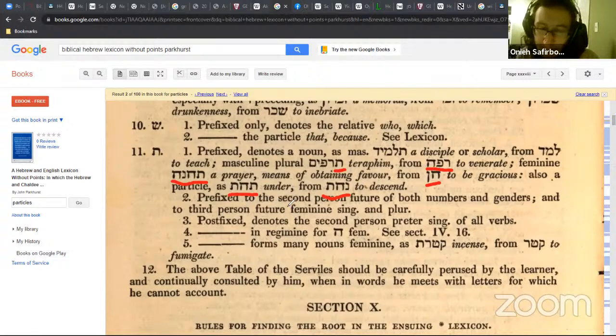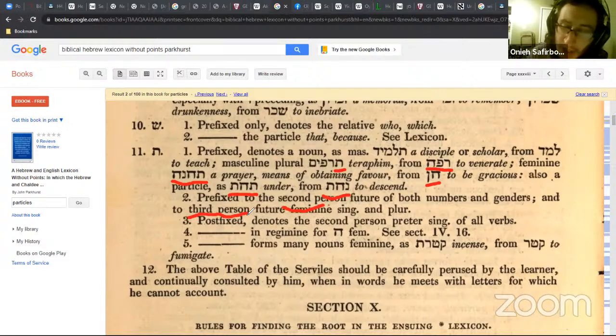Now added at the beginning of imperfect, it signifies for both numbers and genders that it's in the second person. So you singular and you plural for both masculine and feminine. That is for imperfect verbs. And it's also added to imperfect for the third person for feminine, singular, and plural.